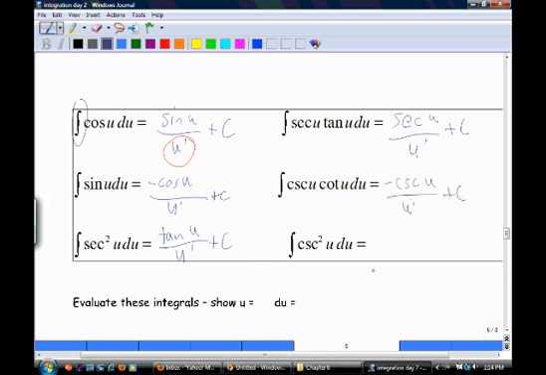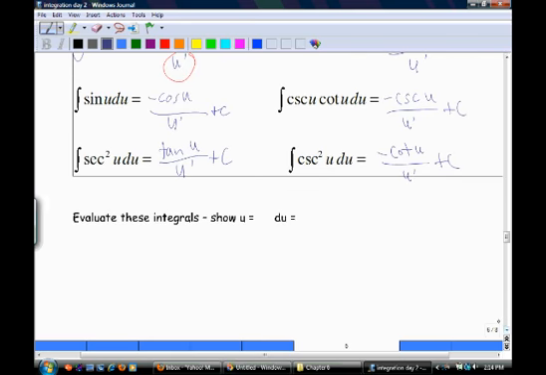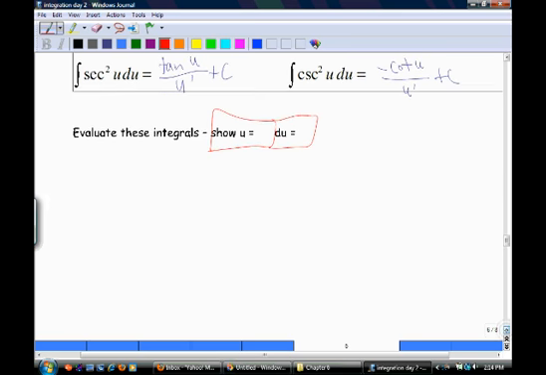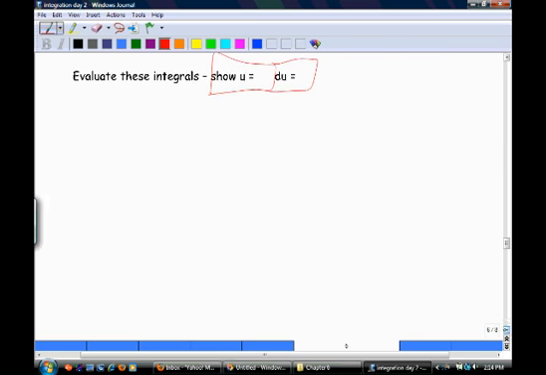Okay, so here it still wants us to show what u equals and what du equals, so we still have to go through and find each one every time. So we start off with our let statements.